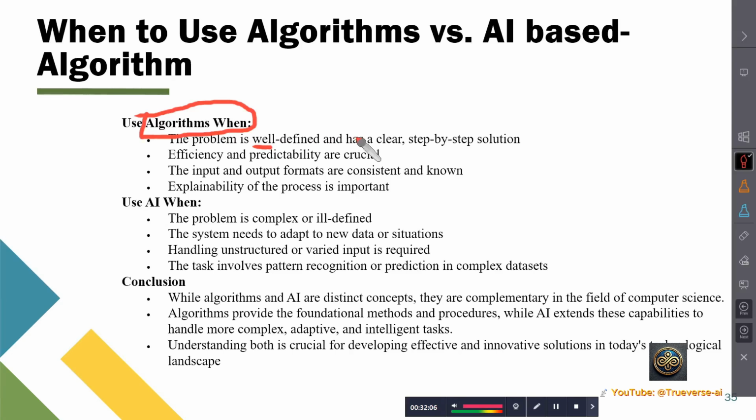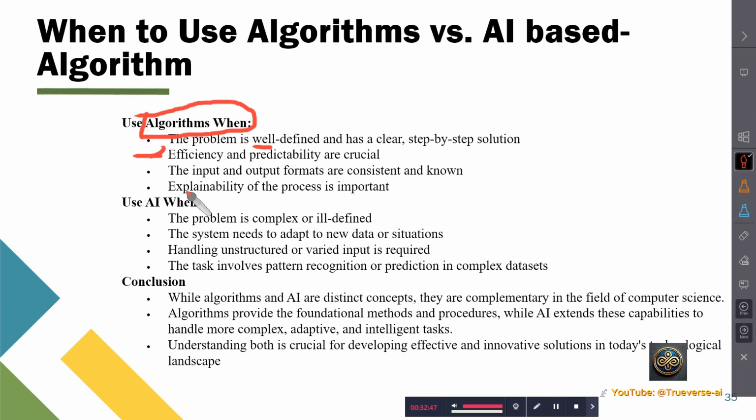For example, as we mentioned, sorting algorithms or basic arithmetic operations benefit from traditional algorithms that follow a structured process. Efficiency and predictability are crucial. Traditional algorithms provide predictable outcomes, making them ideal for scenarios where consistency is key, such as financial transactions or system checks.